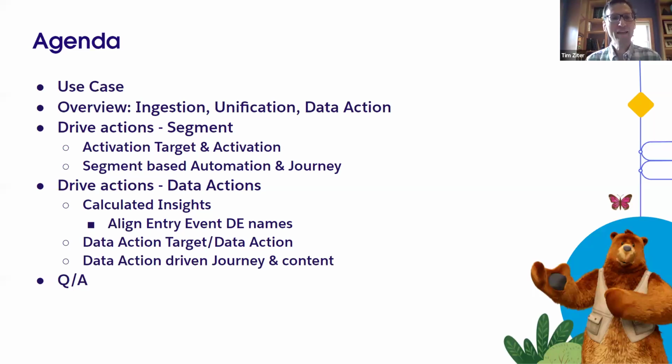And then in Data Cloud and in Marketing Cloud, we're going to be creating those actions in two different ways. We're going to be creating segments and creating activation targets, activations, creating a segment itself, and then creating a custom automation and journey, sending actual personalized emails in Marketing Cloud based off of that cool Data Cloud data.